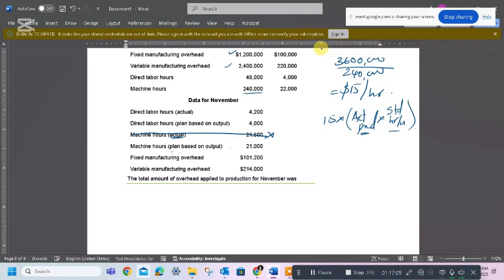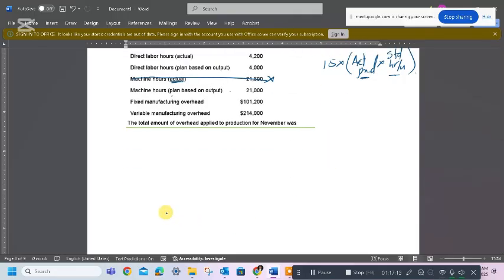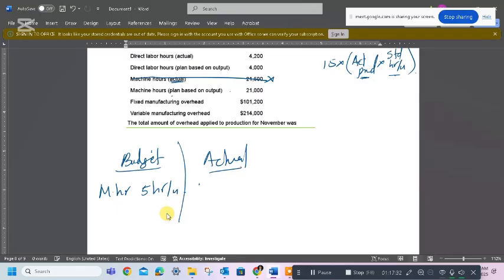What we will use is plan based on output. Let me explain this on a different example. If the budget says machine hours are 5 hours per unit, this is budget. Actual production is 8,000 units.